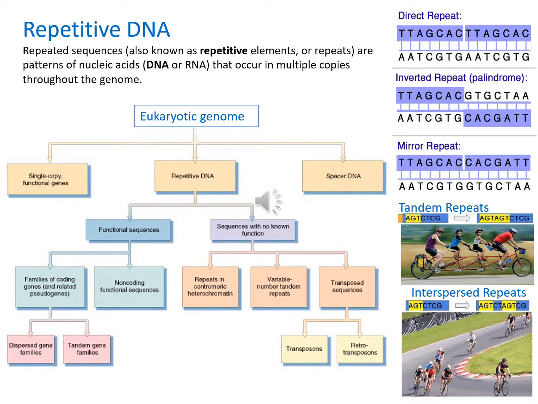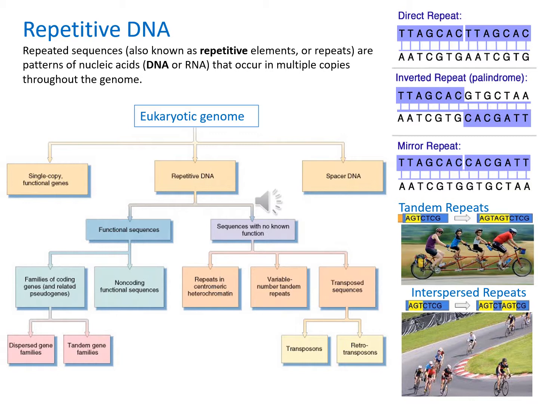Repeated DNA is a significant feature in eukaryotic genomes. Repeated DNA can occur in coding sequences as well as in non-coding sequences. In coding sequences, these are actually genes that occur in multiple copies. So all these copies together are identified as a gene family, because individual copies have more or less similar sequences.